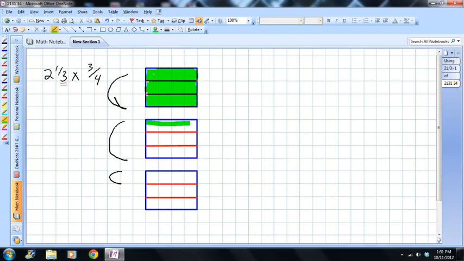That's two of them. And we need to shade 1/3 of the last one. Okay, so I'm finished with the 2 1/3 for now.